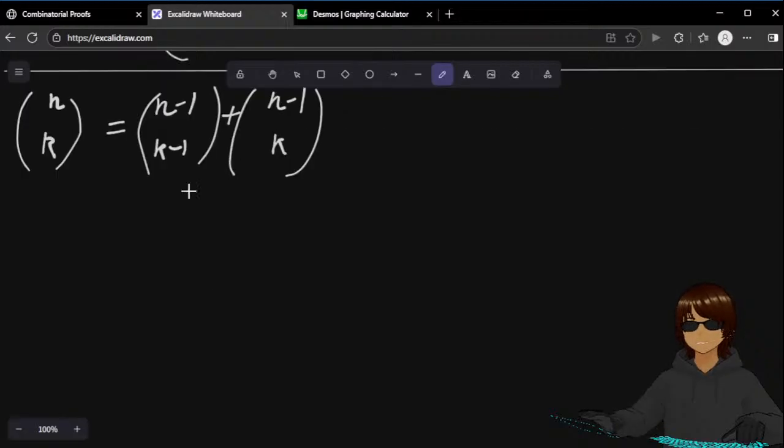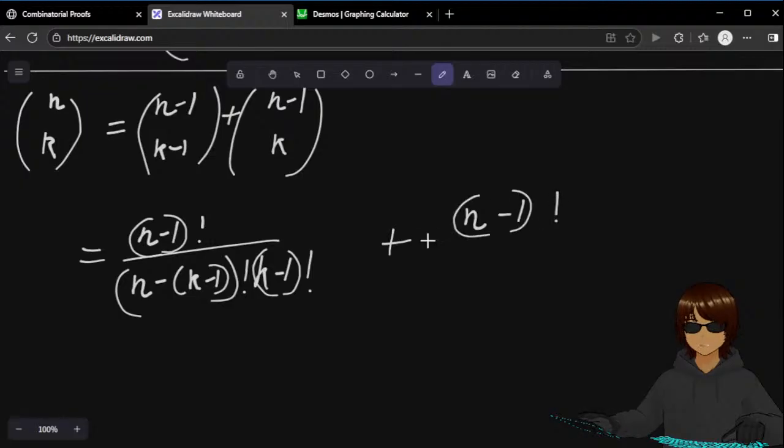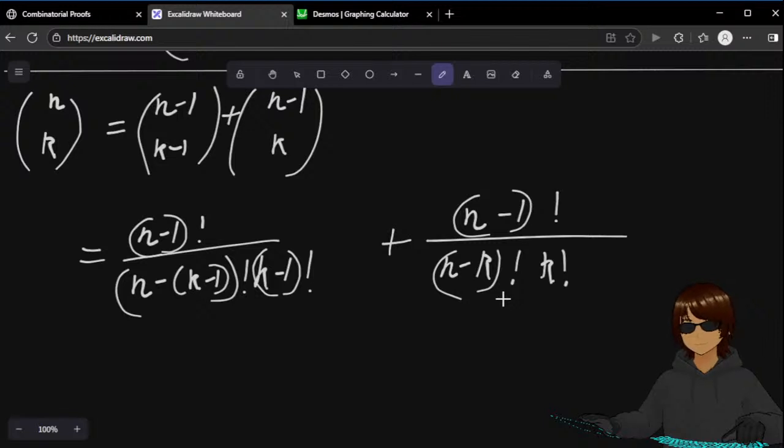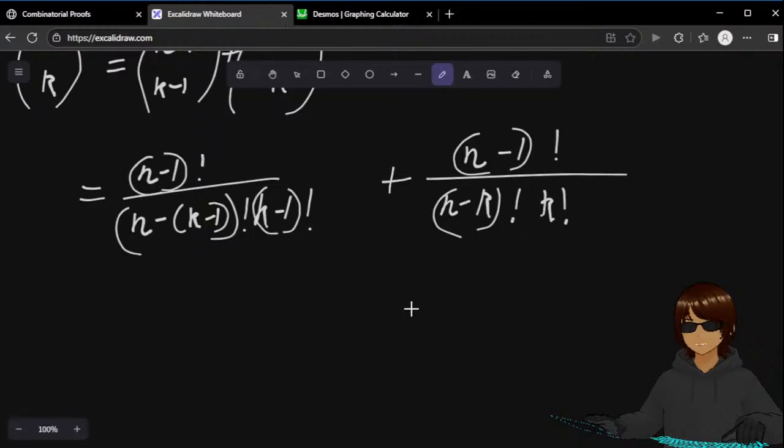So we do this by saying, k minus 1 factorial plus n minus 1 factorial. How do we do this?